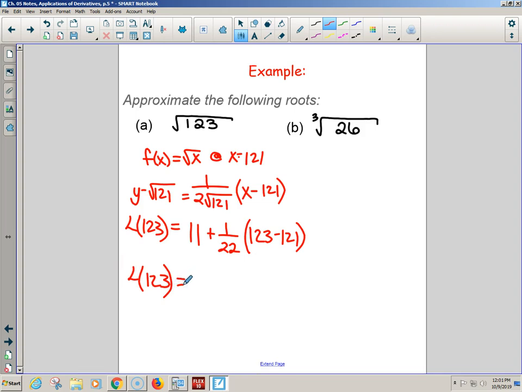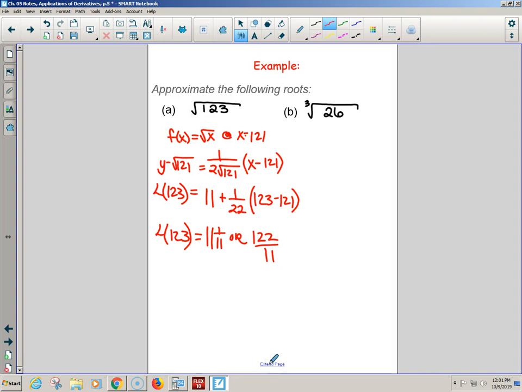Yeah, if you want to simplify. You plug in the 123, and that's revolutionary.